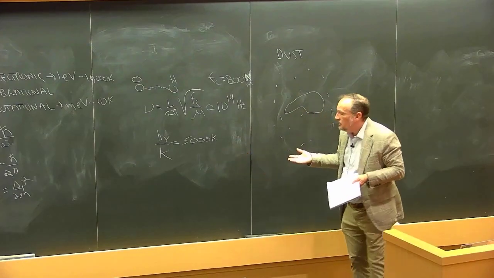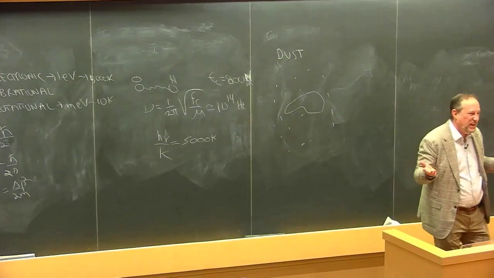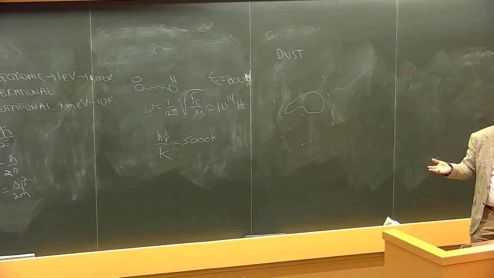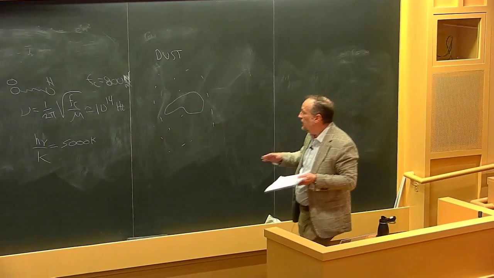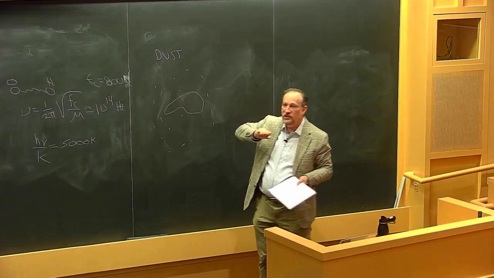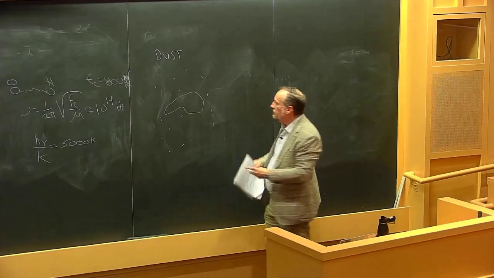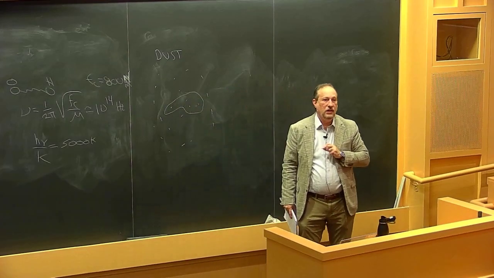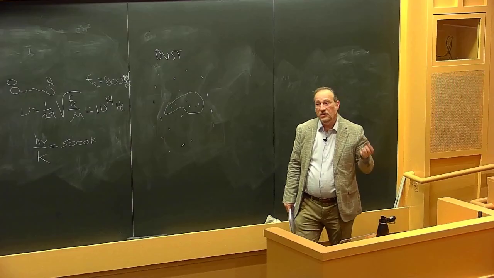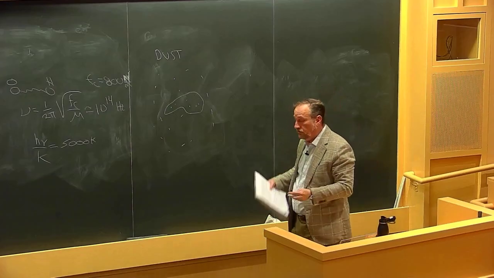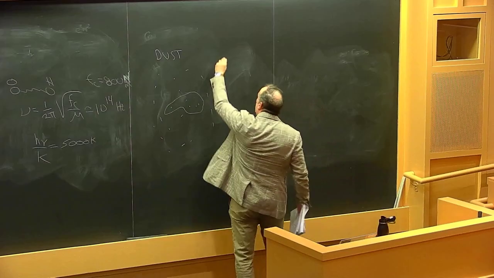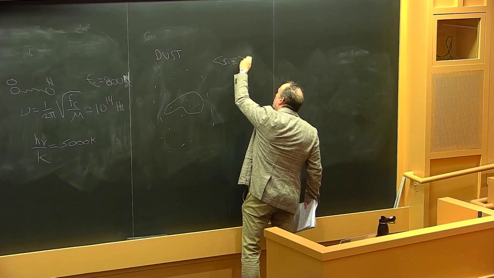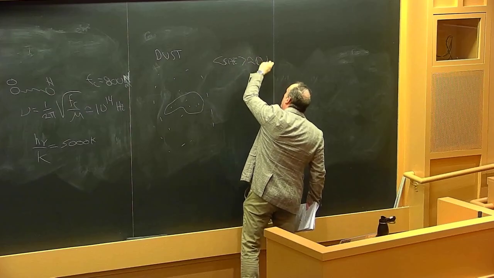And then in the 70s and 80s, well, 80s, we developed the ability to look in the infrared. And if you looked in the optical wavelengths, this thing would be dark. If you go out to 2 microns, you start to see the stars behind it. And so that told us something about the size of the absorbers. The sort of average size of the absorbers is basically of order a tenth of a micron.